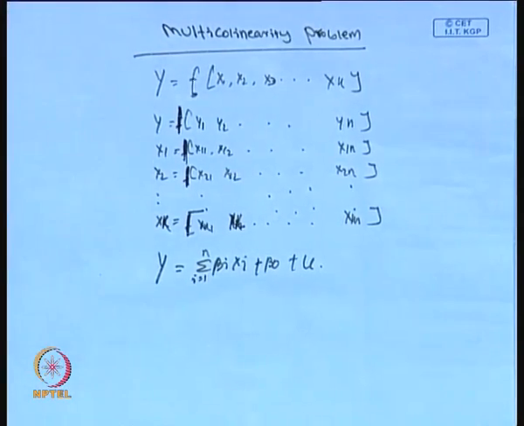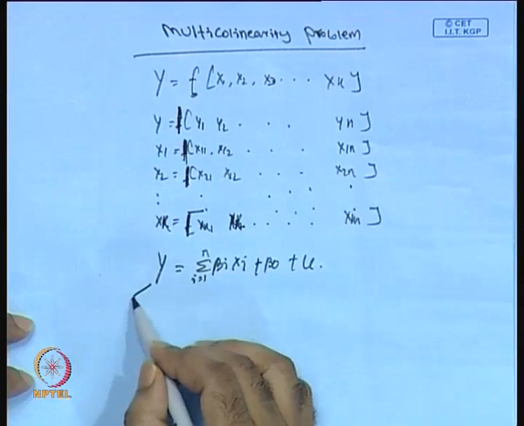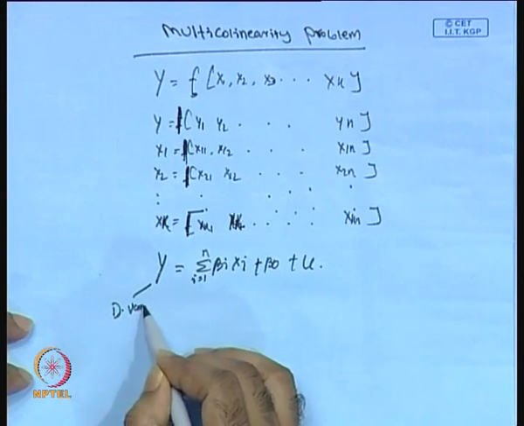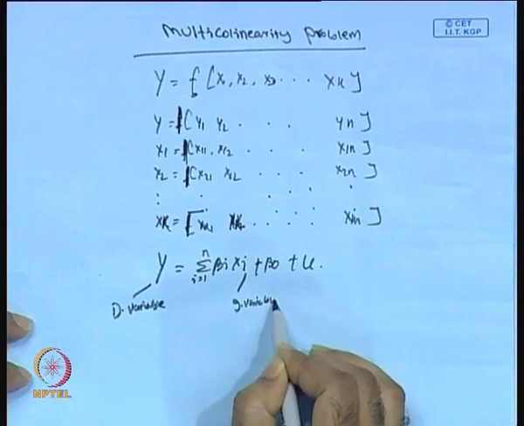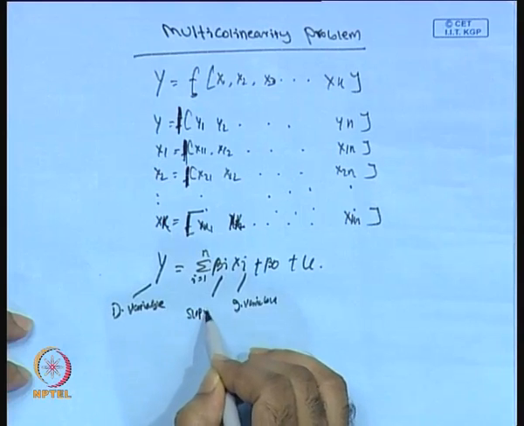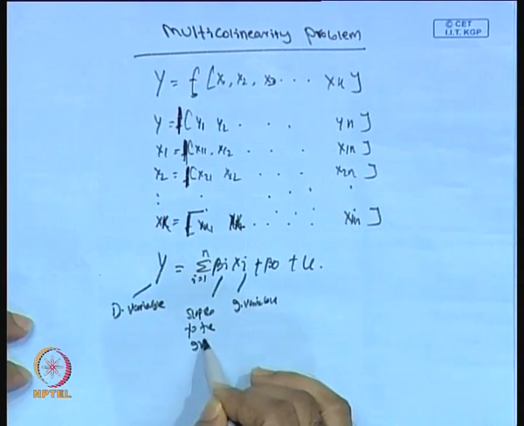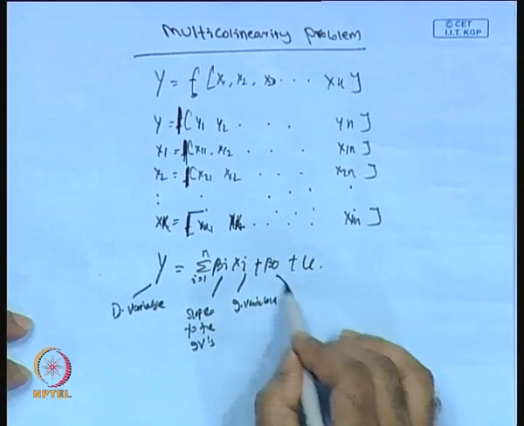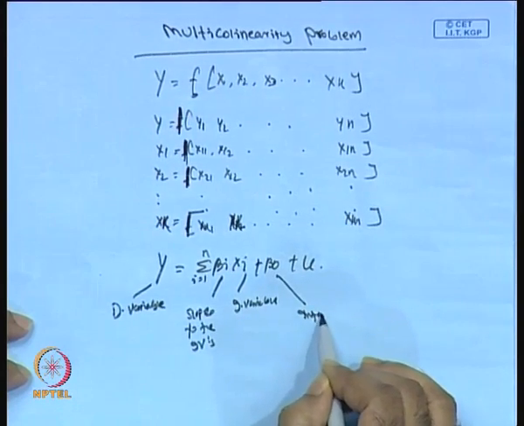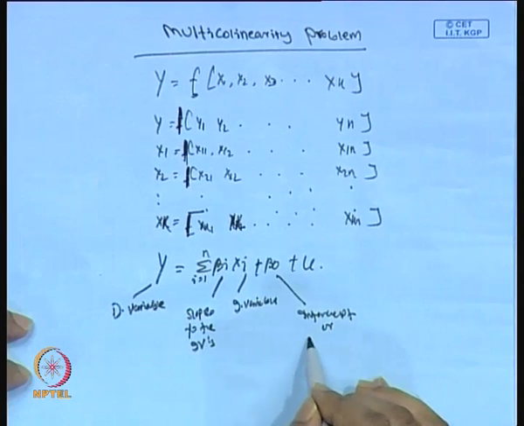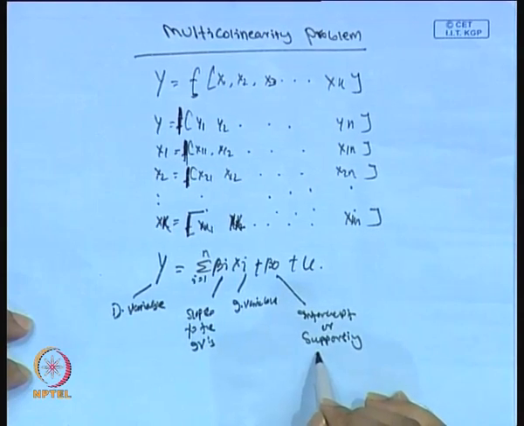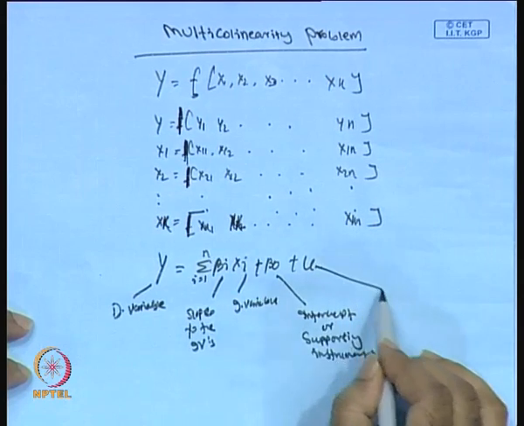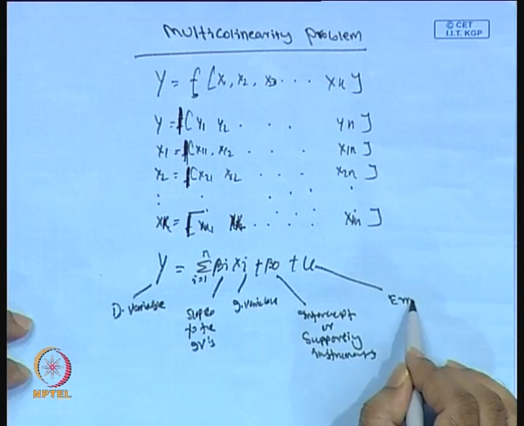This is the multivariate model, where y is the dependent variable, xi are the independent variables, beta is the slope of the independent variables, beta 0 is the intercept, otherwise called the supporting component to y, and u stands for the error term.